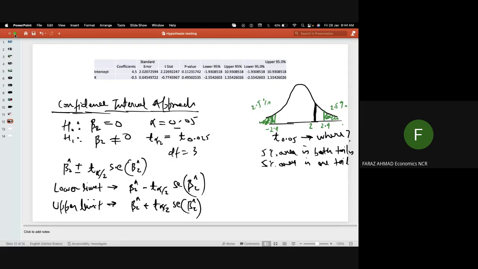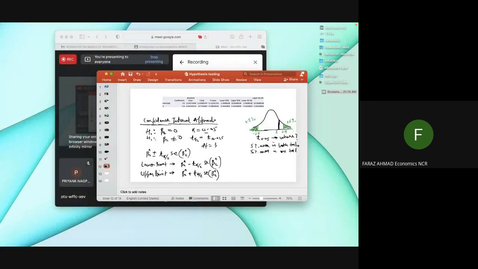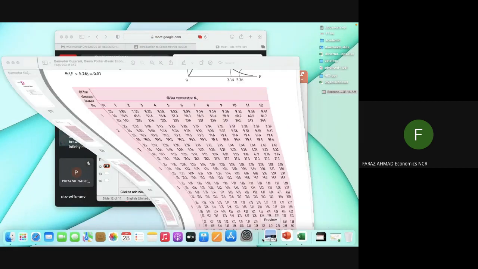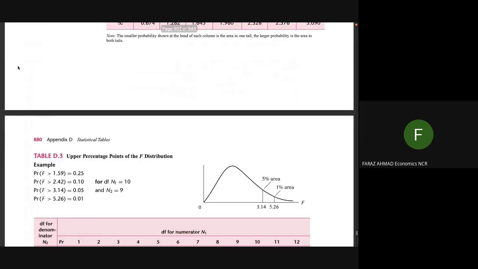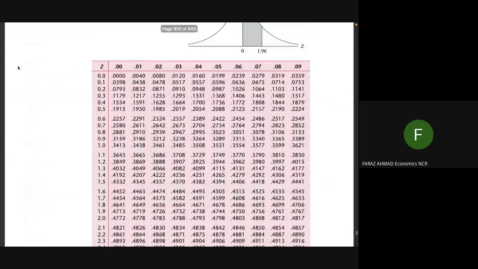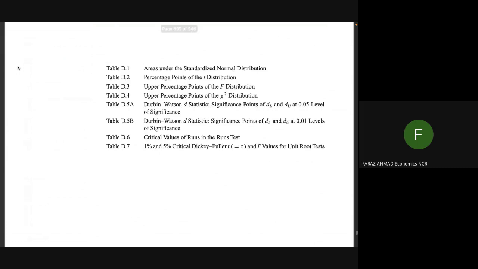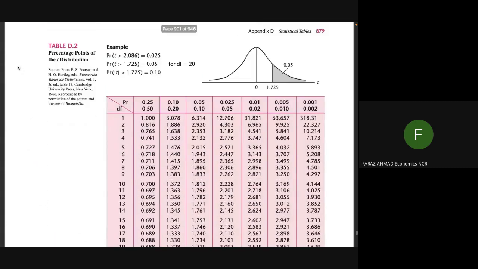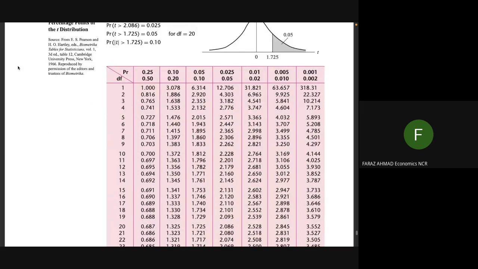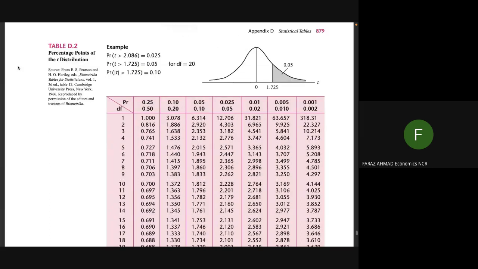So I'm going to go back to the table. Here is the table, and then I'll go to the T distribution. Here, this is the Z distribution and this is the T distribution. So what is the value that gives the area of 0.025?